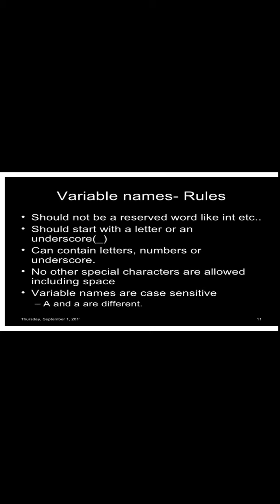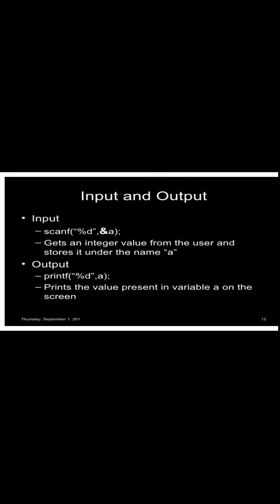It can contain letters, numbers or underscore, for example A1. No other special characters are allowed. For example, *A is not allowed, it may cause errors. Variable names are case sensitive, that is, capital letters and small letters are different.